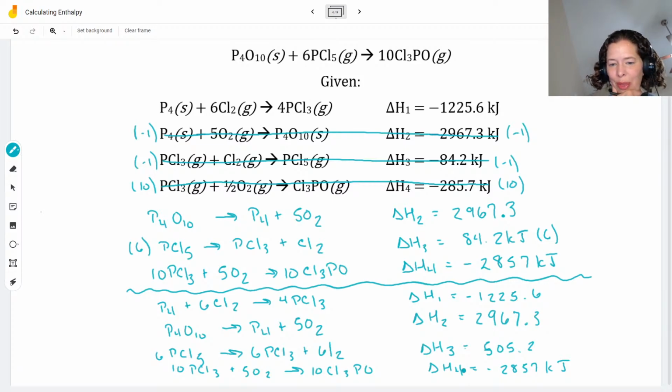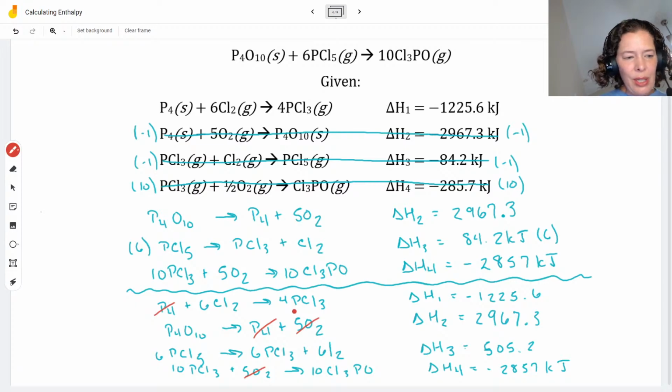All right, so I'm thinking I can start adding out here. Let's start with my easiest ones here. My P4 is definitely going to add out. I have 5O2, that's a product. This is a reactant. That's going to add out as well.